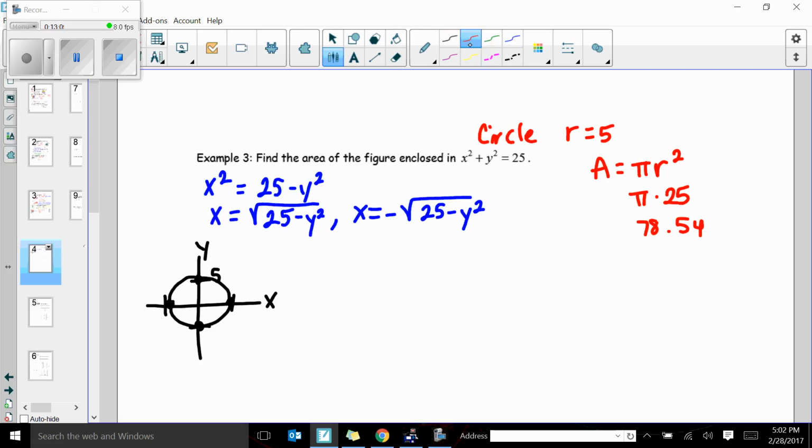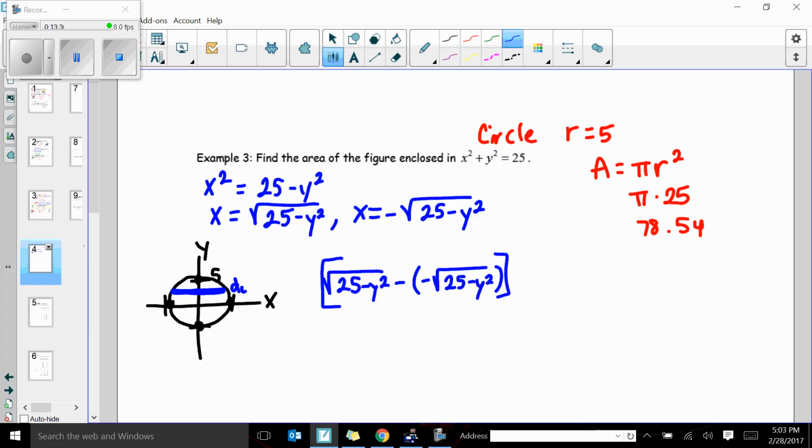So we could have done top and bottom. I just chose this. All right, so if I'm doing it this way, then I got to have these rectangles go sideways like that. So I would go right curve, which is the positive square root, minus the left curve, which is the negative square root. Okay. That represents the width of that rectangle.